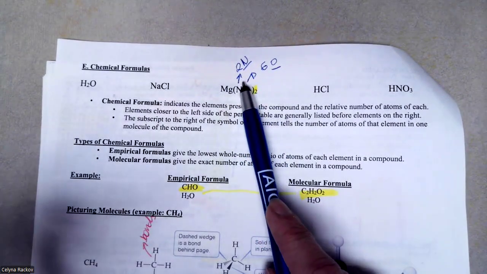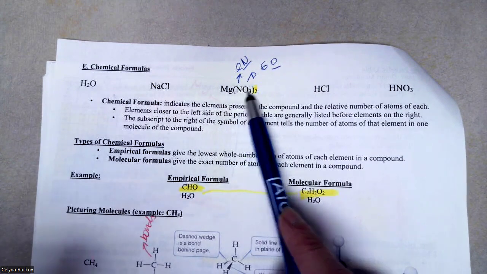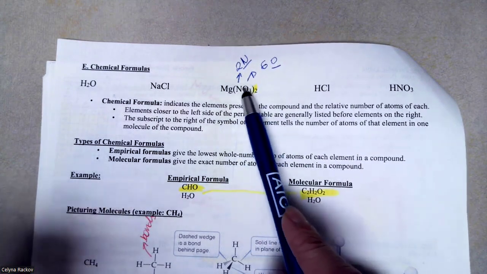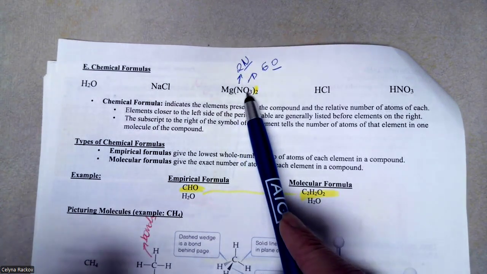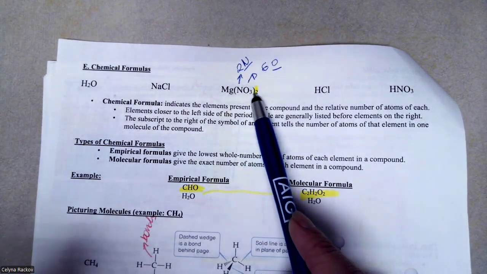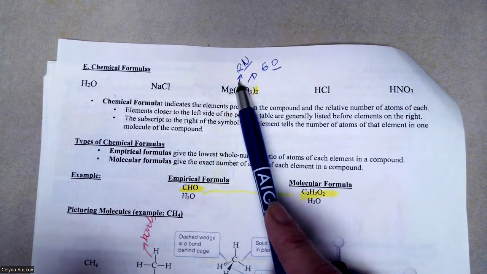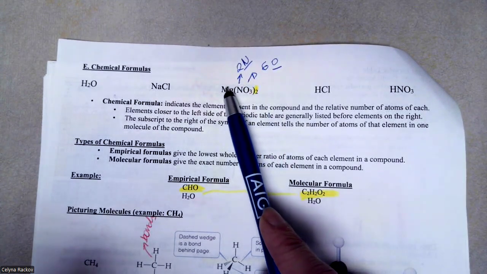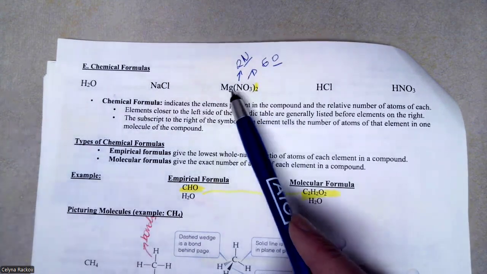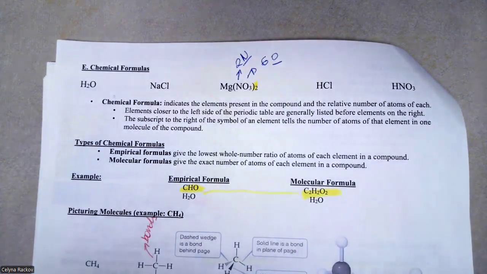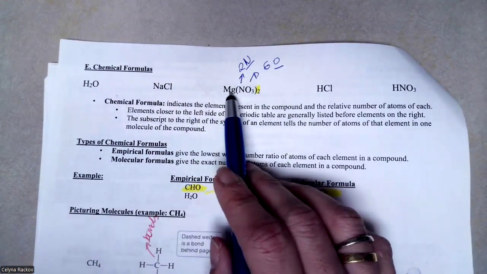This is because nitrate is a polyatomic ion. So when you have more than one polyatomic ion in the chemical formula, we are going to add parentheses. That means this compound, magnesium nitrate, has 2 NO3. So, okay, let's count how many magnesium we have here? Only 1.